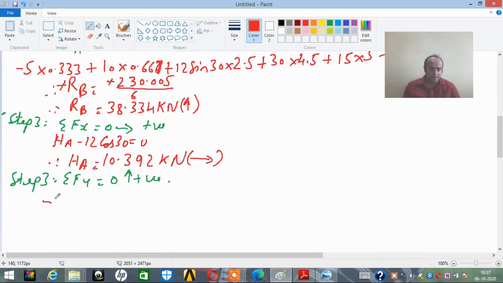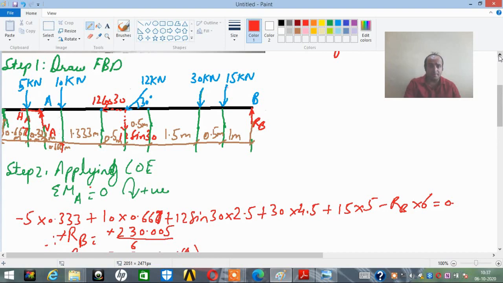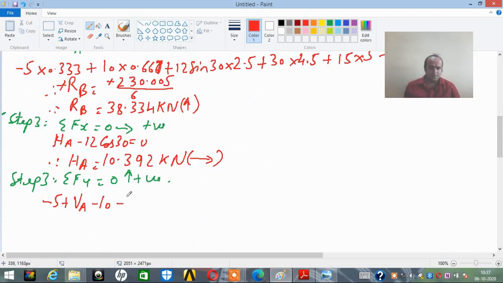It is minus 5 plus VA minus 10, minus 12 sine 30, minus 30, minus 15, plus RB, which is 38.334, is equal to 0.